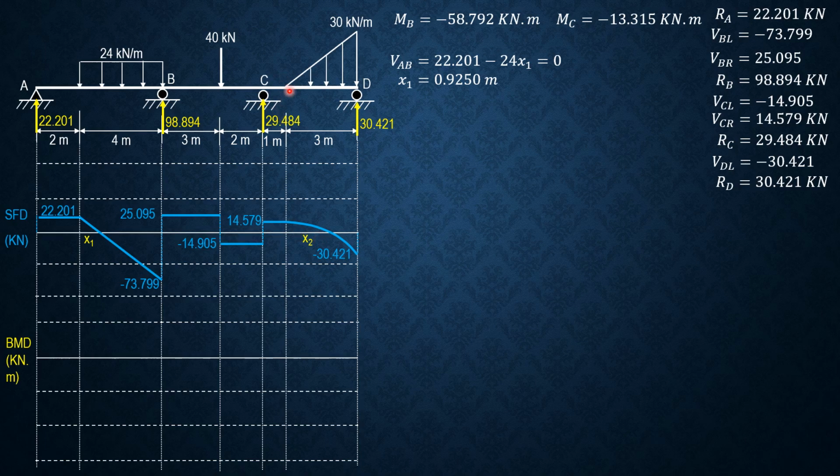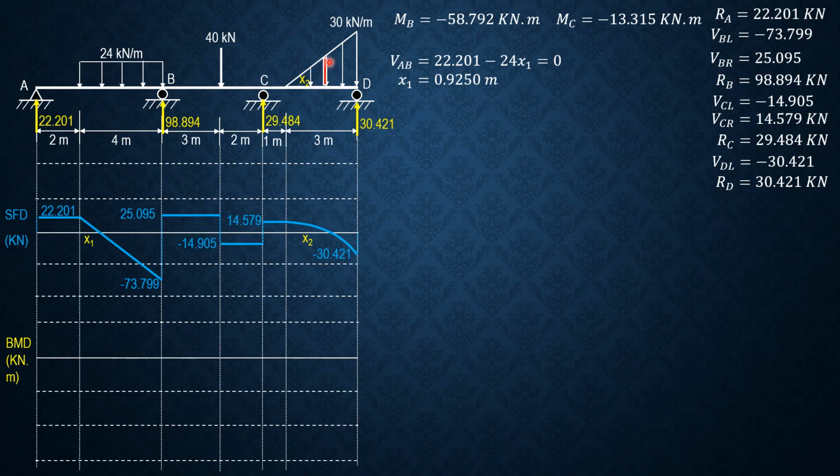The shear in the portion from this point, I'll just call it CD, although it begins with this 0 end for 3 meters only. So we have a strip and call this x2. x2 begins from this 0 end up to this strip, for the 3 meters length.